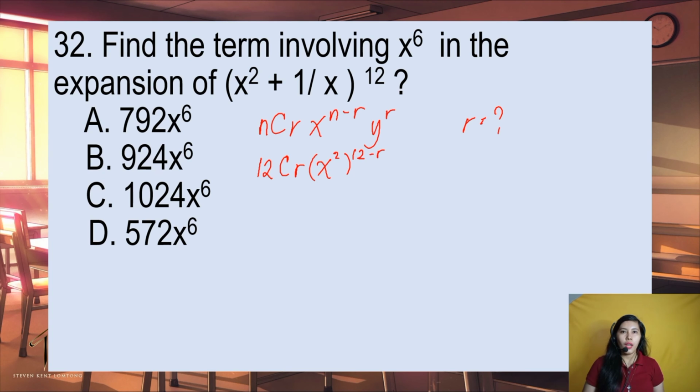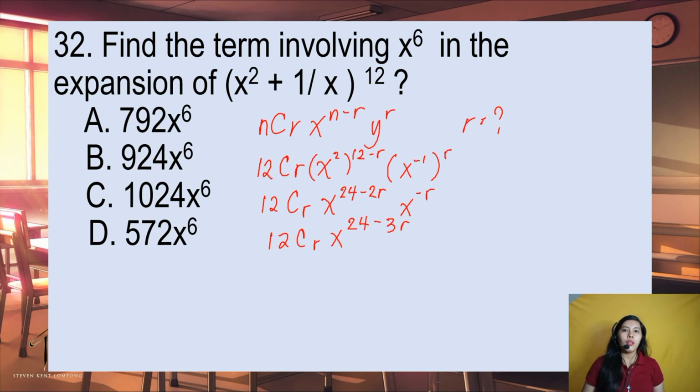Our y here is the second term, and that's equal to x raised to negative 1, raised to r. Simplifying, we have 12Cr x raised to 2 times 12, which is 24 minus 2r, then x raised to negative r. So 12Cr x raised to 24 minus 2r minus r, so we have negative 3r.